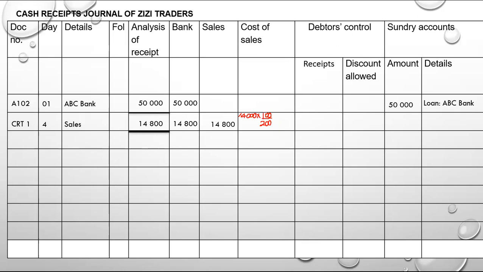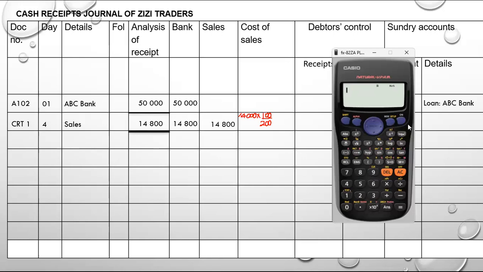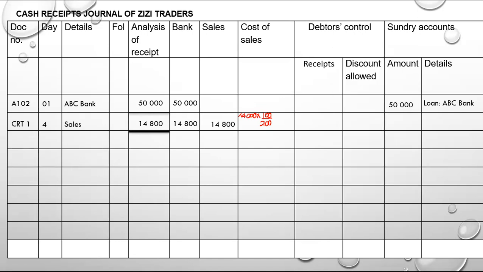So 14,800 times 100 divided by 200, how much do we get? 14,800 multiplied by 100 divided by 200. It gives me 7,400. And that's what our cost of sales value will be.